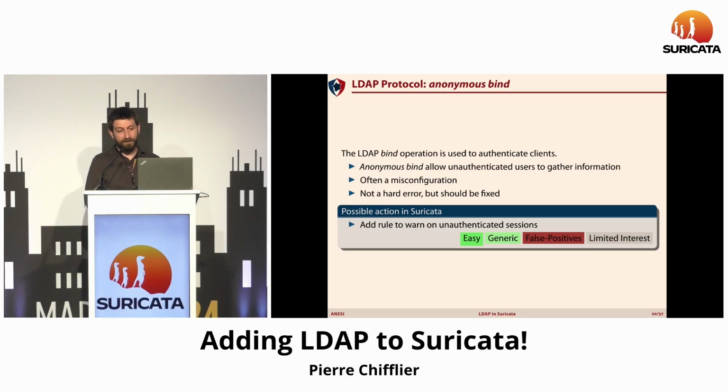Detecting anonymous operations is important because it will help you detect users who are just not part of the network and try to list content without having any credential or known user credentials at the moment. Often this comes from misconfigurations of applications. This can be not really a hard error, but it's interesting to detect.